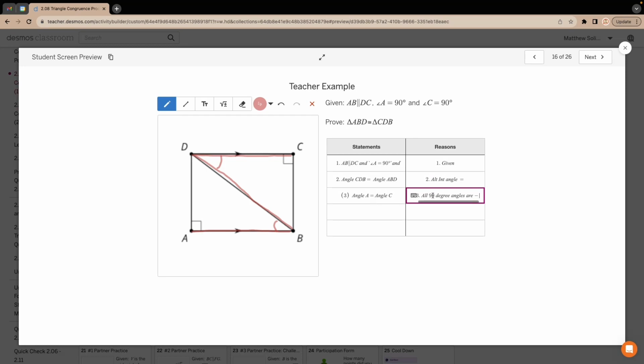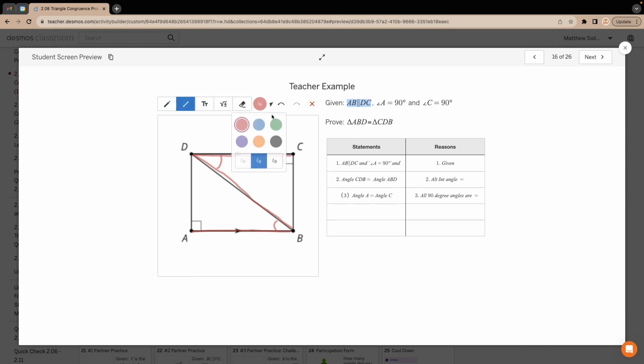Well, if they're both 90, they're equal, right? So you might have to scroll if you run out of space in the box. Totally fine. Okay, so we got 2 things equal right now. I got 1 angle. I got another angle. But I'm out of givens. So I need 1 more thing, and I got to figure it out just looking at the diagram.